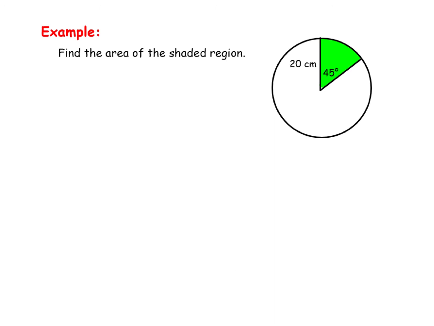All right, so let's start here. Find the area of the shaded region. Okay, so we're trying to find the area of my sector. So I know my area is equal to my fraction times the area of the circle. So my fraction is 45 out of 360 times area, we know is pi r squared. So pi times 20 squared.